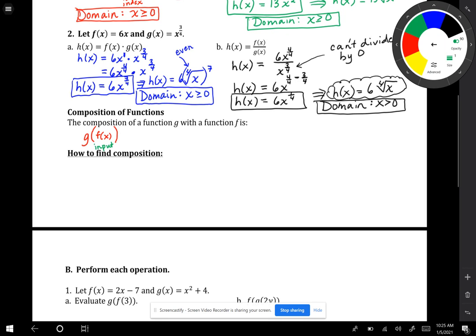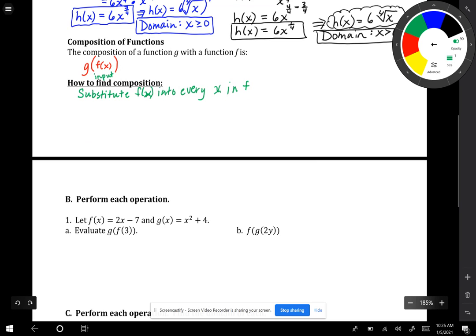Well, you know what? I'm not going to draw it. I'm just going to explain it. Here's what you do. Substitute f of x into every x in f, and then you'll get an output.